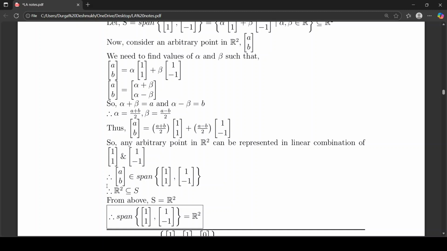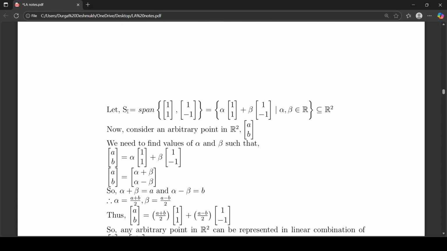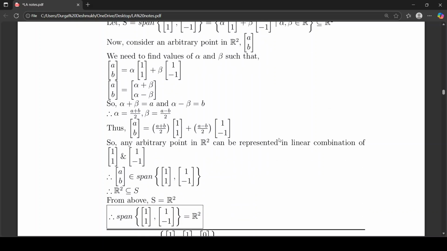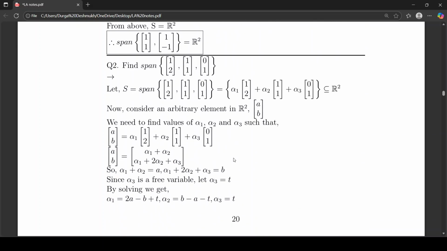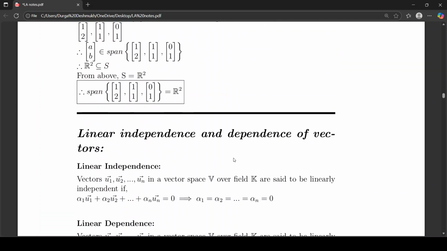That means R2 is a subset of S, but we have already seen that the span S is a subset of R2. If A is a subset of B and B is a subset of A, then A is equal to B. So S is equal to R2. Therefore, the span is R2. There are some more examples.